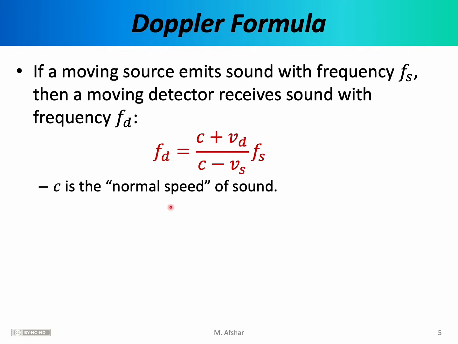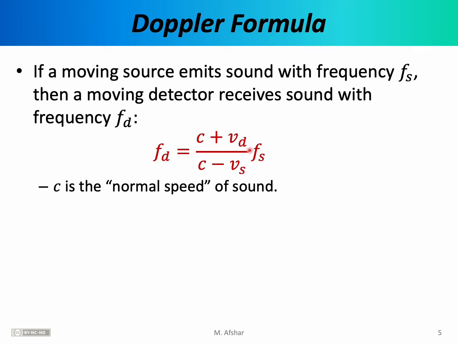C is the normal speed of sound. C represents the speed of sound when nothing else is moving. So the measured speed of sound when the source, detector, and medium are all at rest is considered the normal speed of sound and represented by the letter C in this equation.